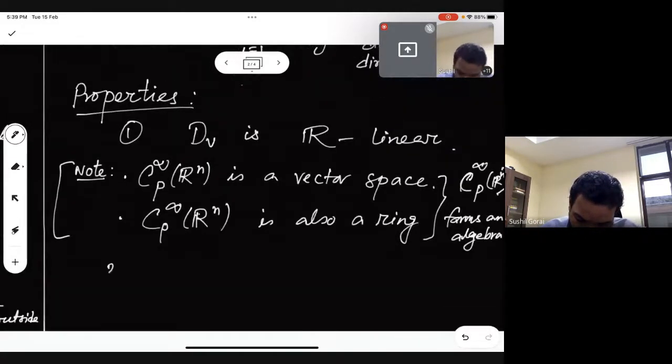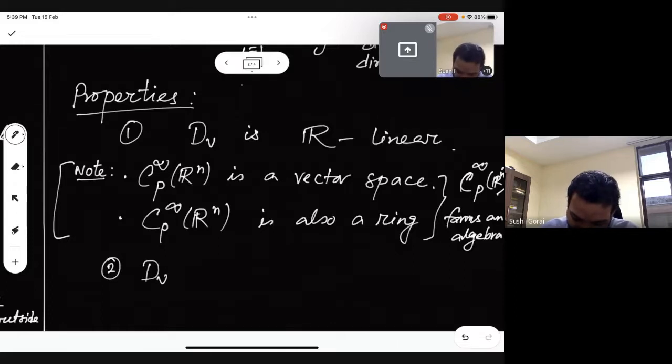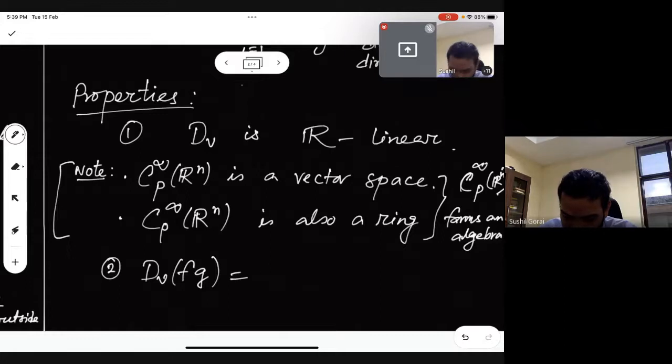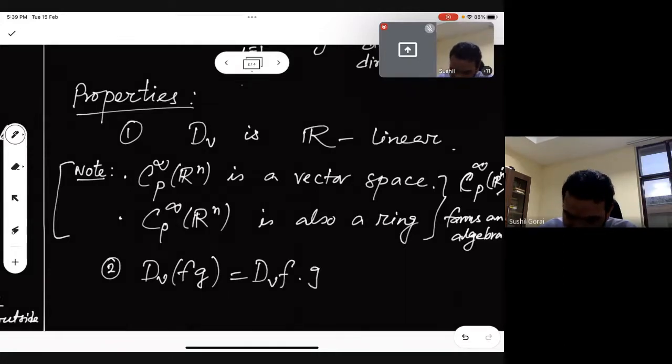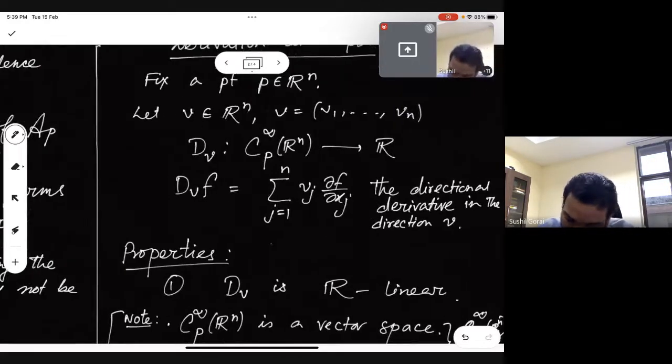So the second property is the Leibniz rule, that you know from the very beginning. D_v of fg is D_v f times g(p) plus f(p) times D_v g. So here remember this one. This is not del f by del x_j as a function.